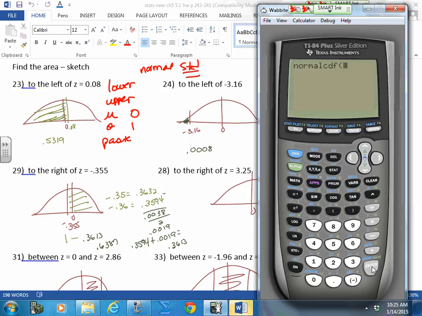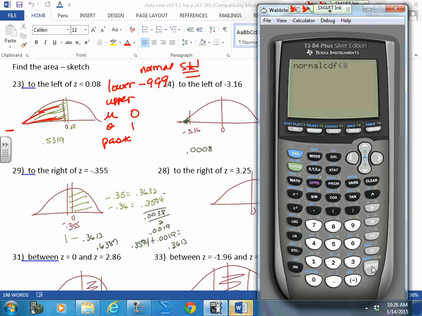Give me one minute to explain this. Now watch. I want the left, so I need to know where my lowest limit is over here. It's really, really low, so I'm going to make it negative 999. When the left is the lower limit, make it negative 999.